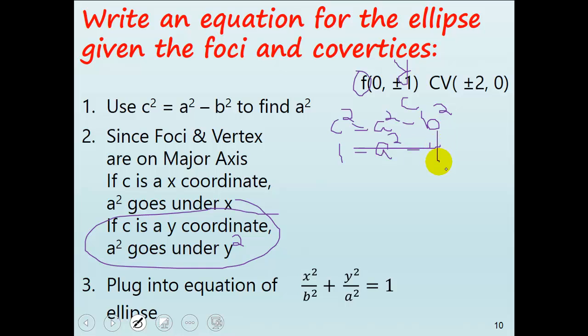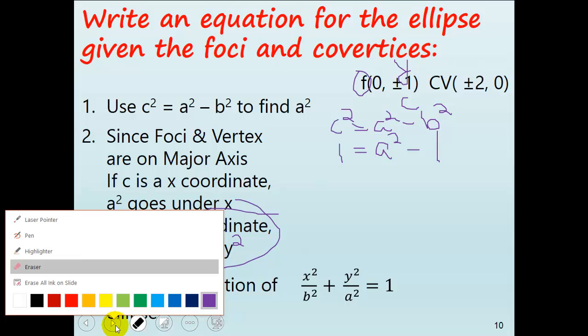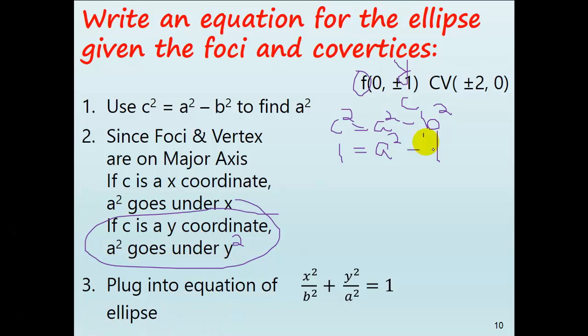Whoops. I'm not going to change that. I'm done fighting it. I'm going to add 4 to both sides, so I get 5 is equal to A squared.